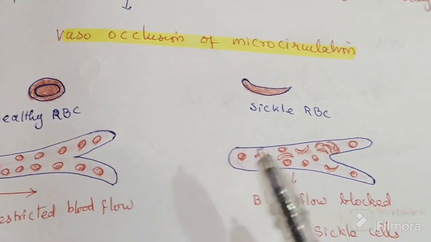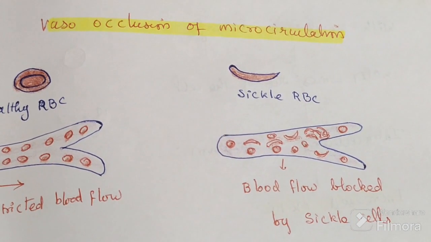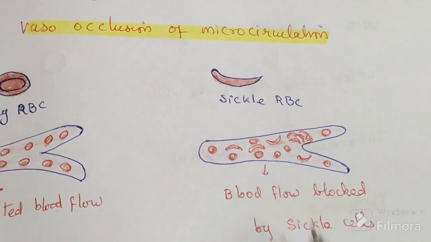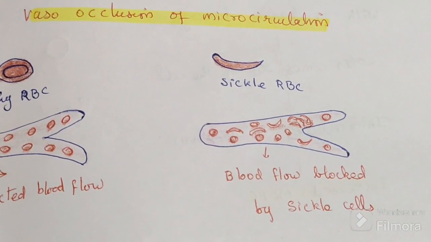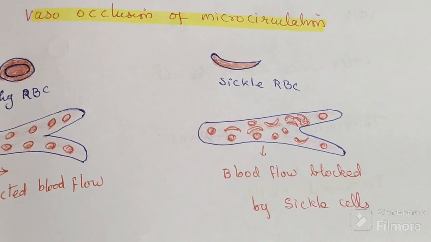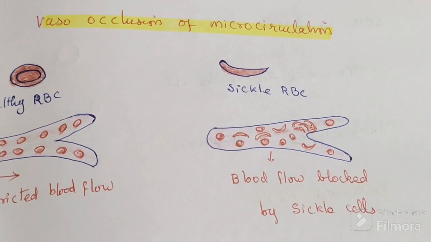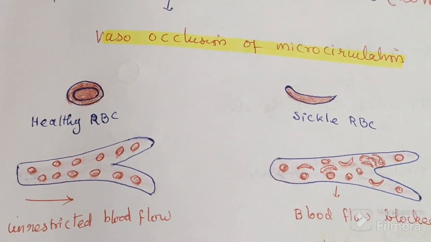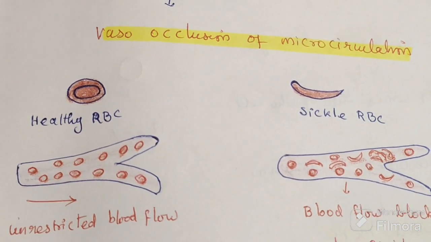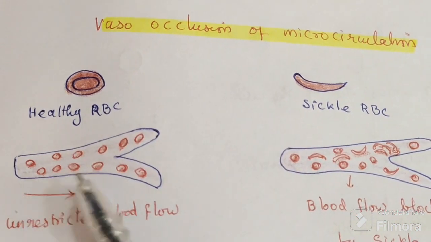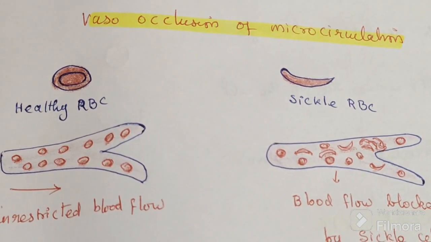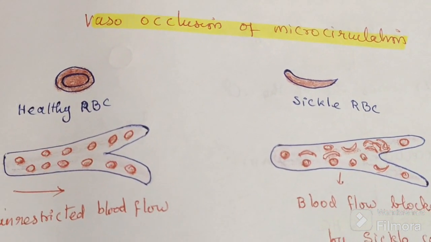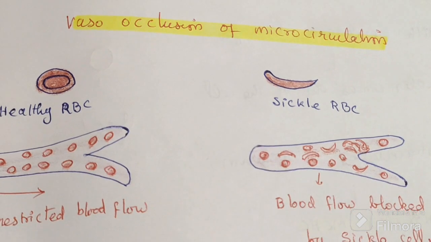Okay, see here how it is presented. Here they will form clumps. They stick with each other, they form clumps, and because of the formation of clumps, they cause occlusion in the microcirculation. See this diagram. In this diagram, biconcave RBCs don't stick with each other, so they are flowing freely. Unrestricted blood flow is there inside the microcirculation.